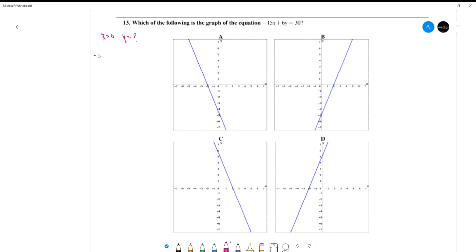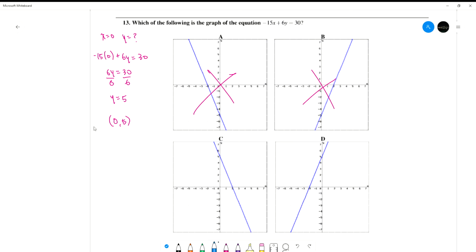So you got -15 times 0 plus 6y is equal to 30. So that means 6y is equal to 30. Divide by 6, right? We get y is equal to 5. So my ordered pair here is 0, 5. And I can see A is wrong already. There's no 0, 5. B is wrong. There's no 0, 5. So it's either C or D.